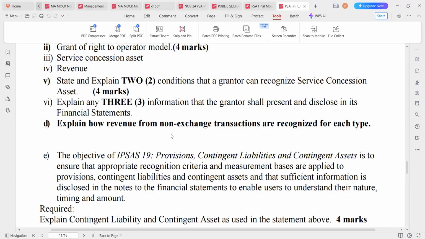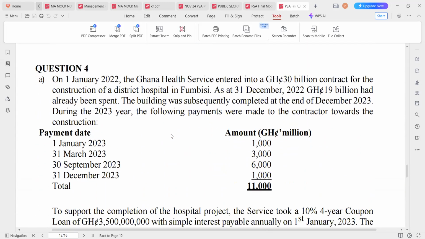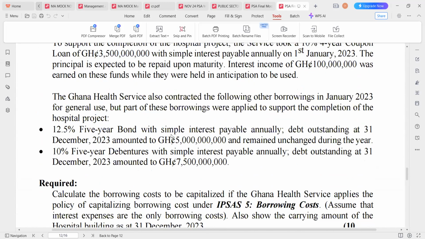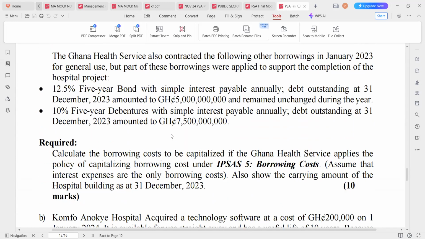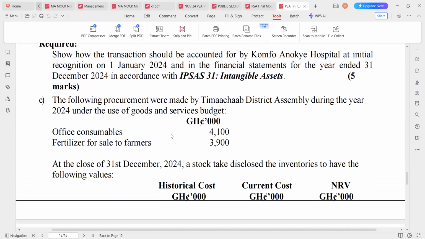So there's the objective. IPSAS 19 is also here for you. You try your hands on it. Then the borrowing cost is also here, IPSAS 5. IPSAS 31 talks about intangible assets, whilst IAS 38 talks about the same thing as IPSAS.